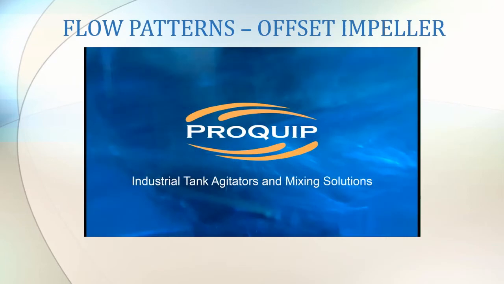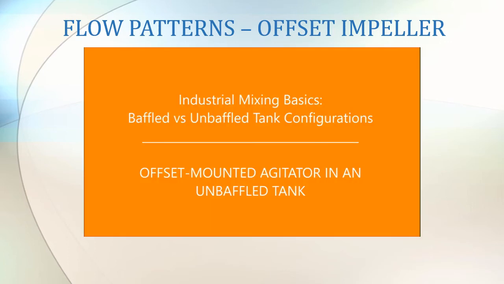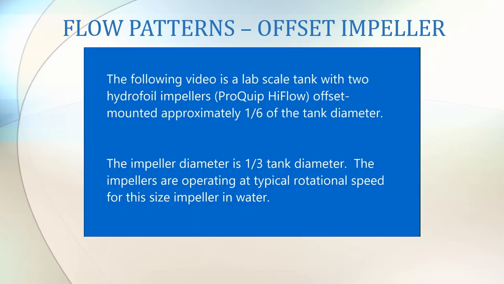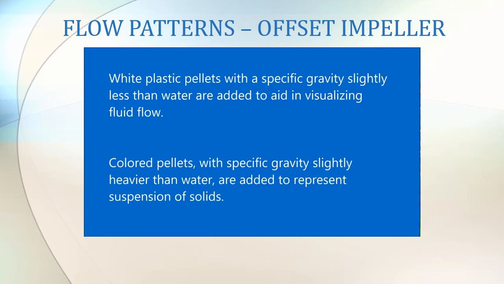This is actually a video that illustrates this. The first one is an offset mounted agitator in an unbaffled tank. Again, the impeller diameter is 1/3 of the tank diameter. Colored pellets with specific gravity slightly above water are added to represent suspension of solid.